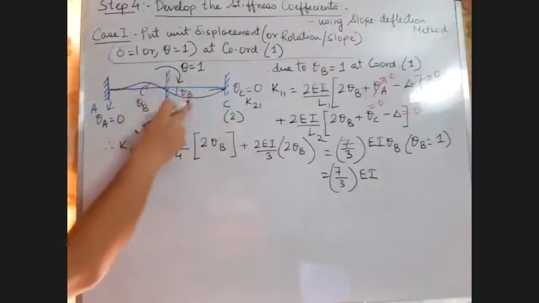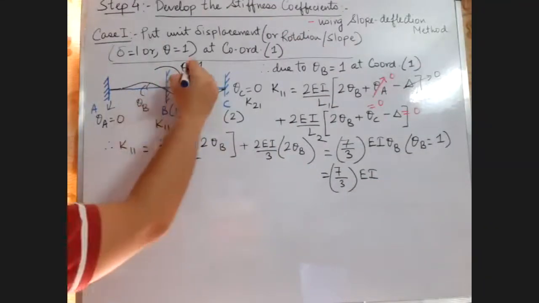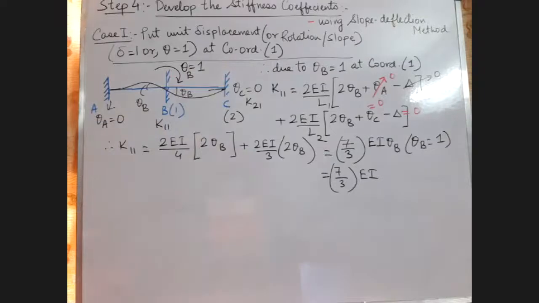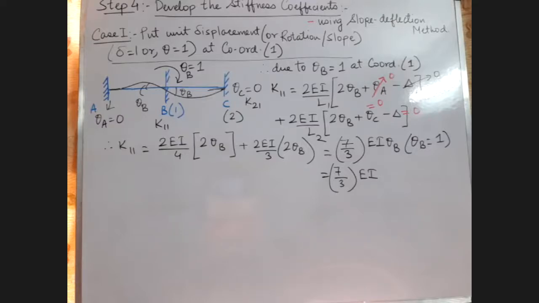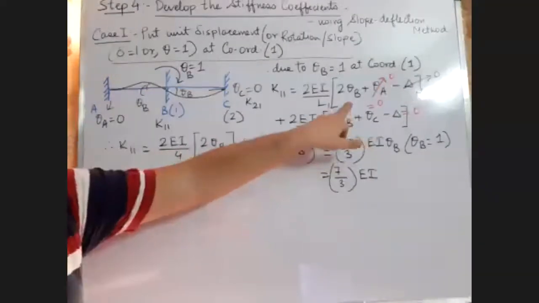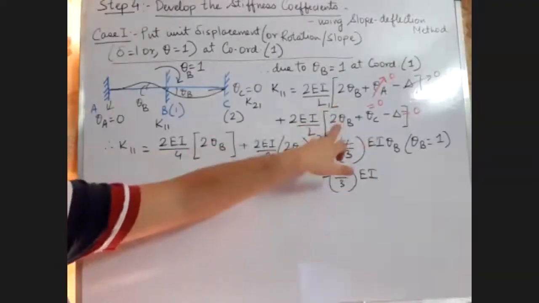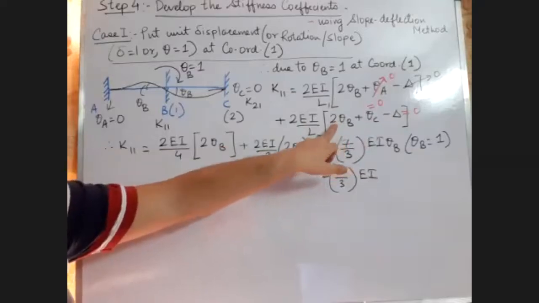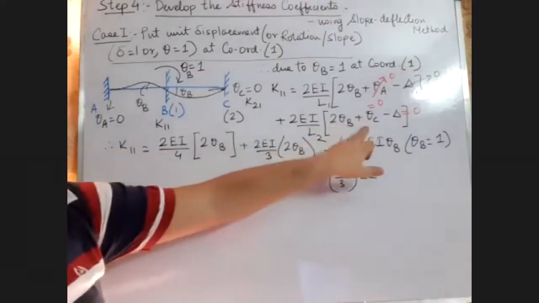If you see here, theta B is 1. Take this down, K11. Wasim is asking me, sir, MAB plus the rest. Wasim, just check the slope deflection equation, how we use it: 2 times the near end plus 1 times the far end minus the delta.